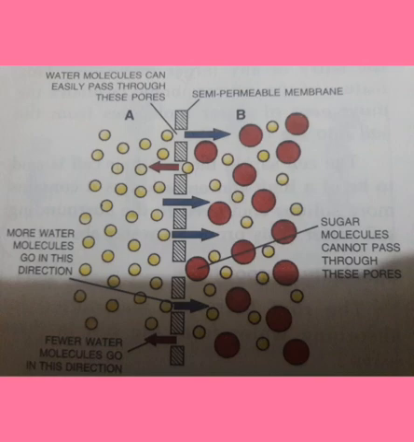In other words, side A containing only water molecules is a dilute solution, whereas side B containing sugar solution is a concentrated solution, as here the water molecules are comparatively less and sugar molecules are more. The box-like structure is called the semi-permeable membrane.